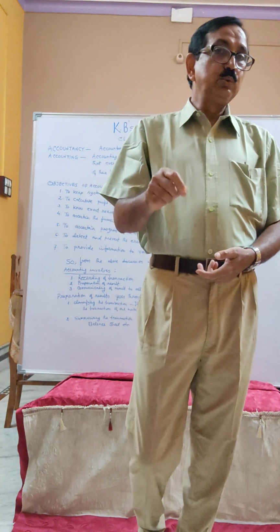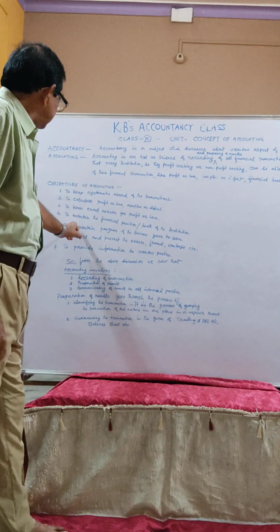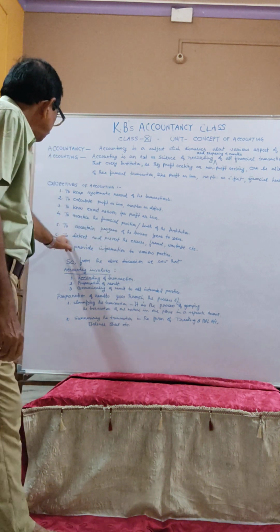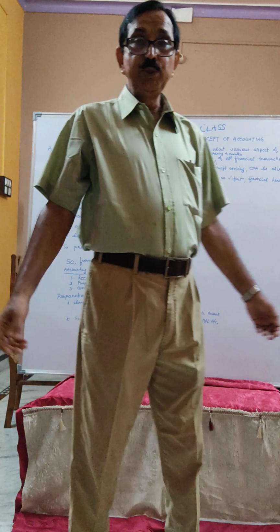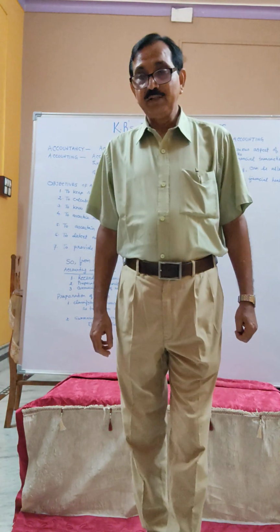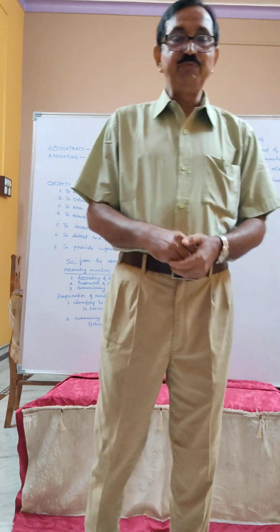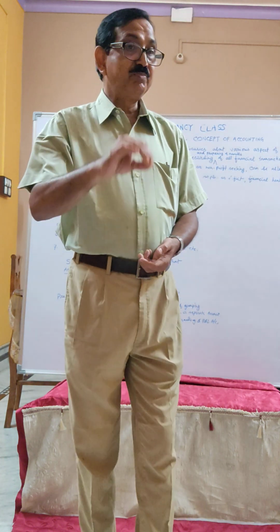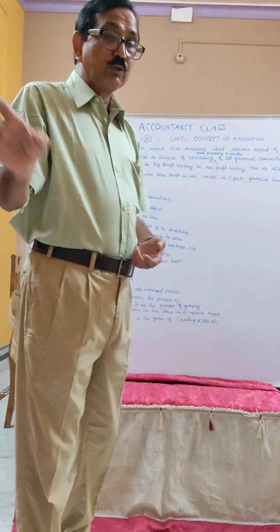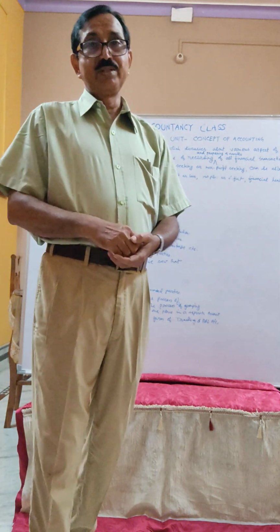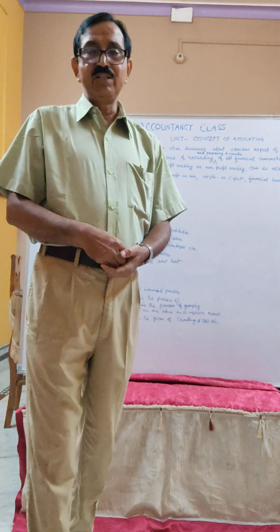So in order to know that, we have to make accounting to ascertain progress of the business. Number six, to detect and prevent the errors, fraud, wastage. If we do not keep accounting in process, if we are not able to keep transactions on record properly, then we cannot find out what is the reason of the wastage, is there any fraud or not, why profit is decreasing.